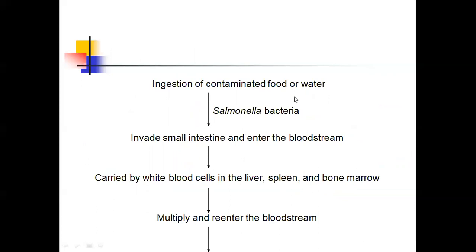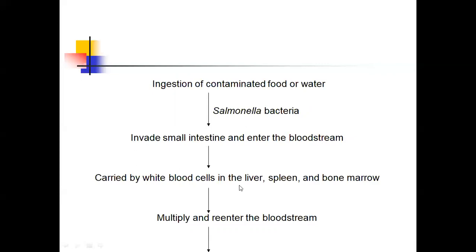After ingestion of contaminated food or water, Salmonella bacteria are introduced within the body, invade the small intestine, and enter the bloodstream. Here, small intestine means the ileum surface, because Peyer's patches are located within the ileal surface.